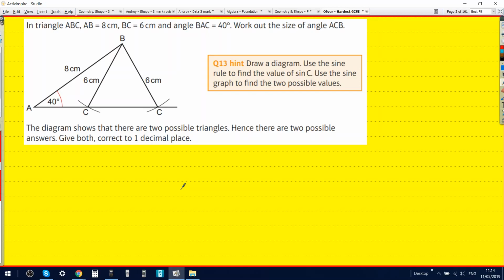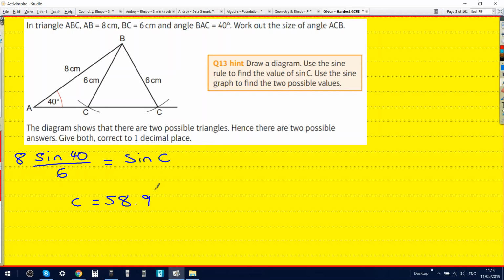We could do sine rule to find that angle C. So that would be sine 40 over 6 times the 8 to get sine C. And that gives you 0.85, reverse sine is 58.99.